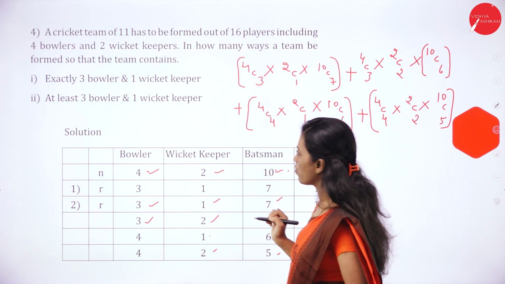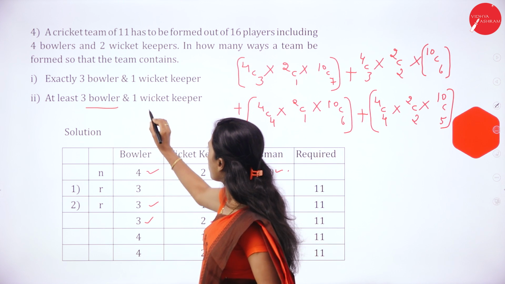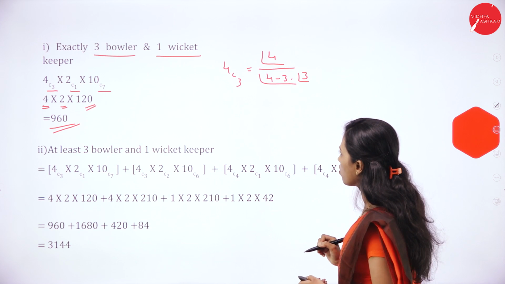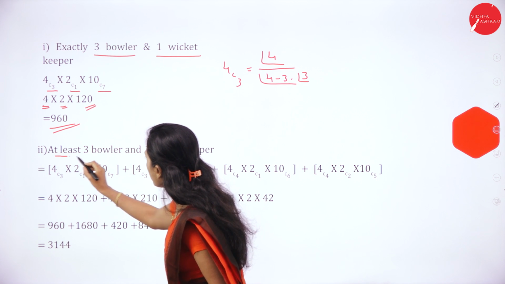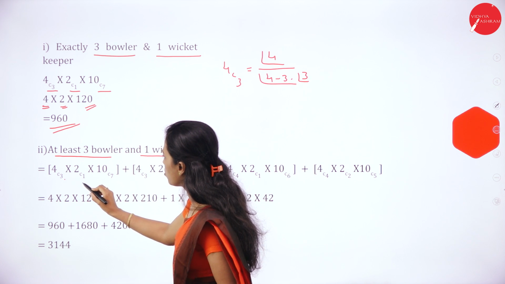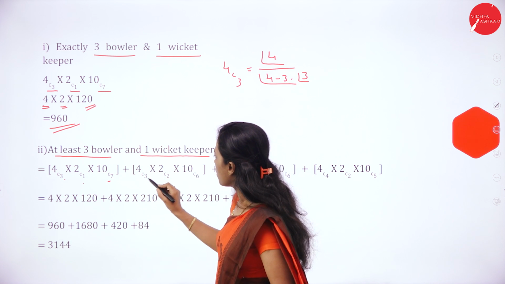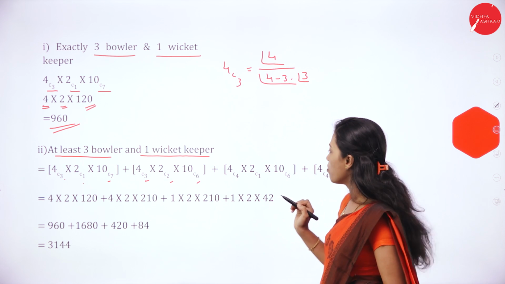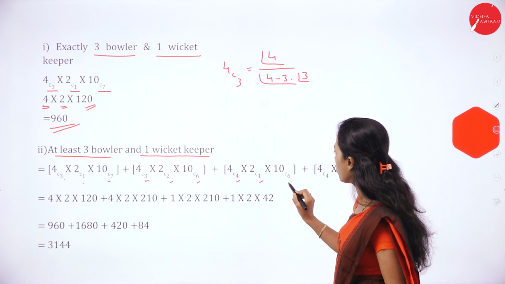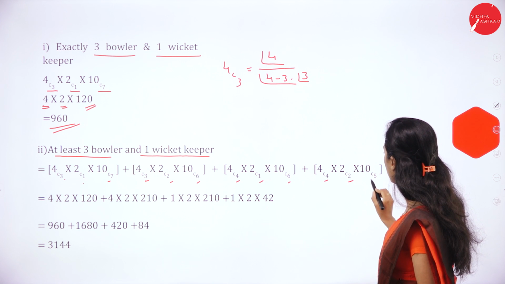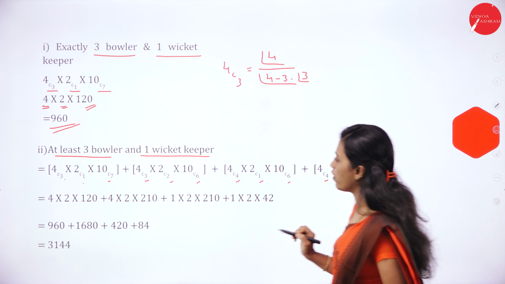This is the equation for at least 3 bowlers and 1 wicket keeper. We will solve this. 4C3 into 2C1 into 10C7 plus 4C3 into 2C2 into 10C6 plus 4C4 into 2C1 into 10C6 plus 4C4 into 2C2 into 10C5.